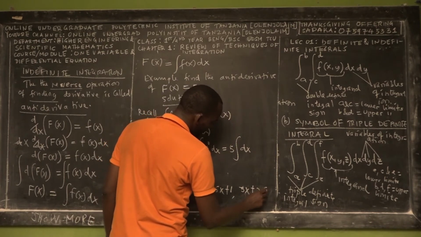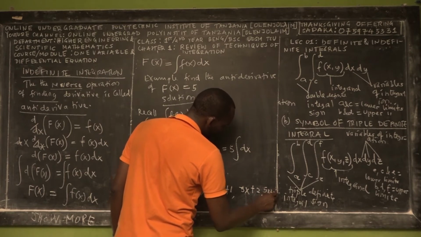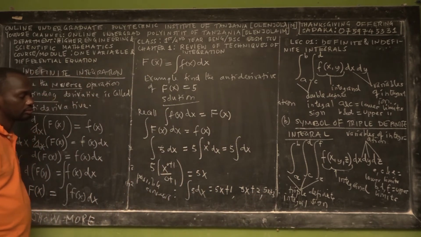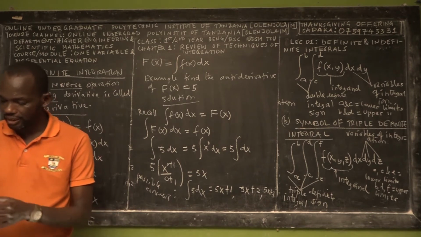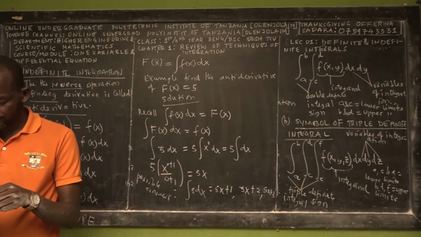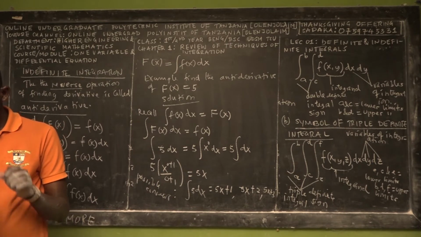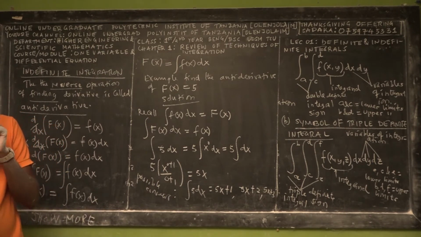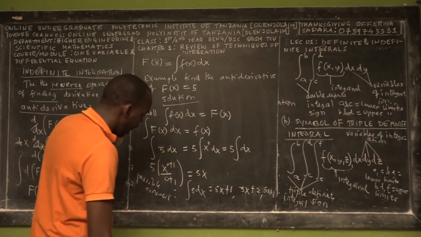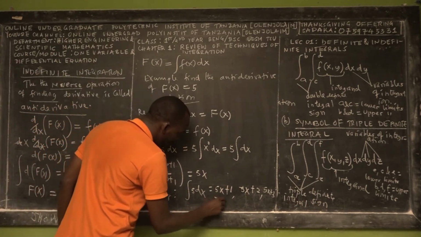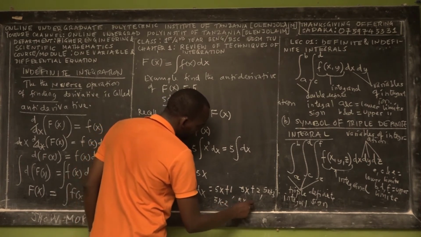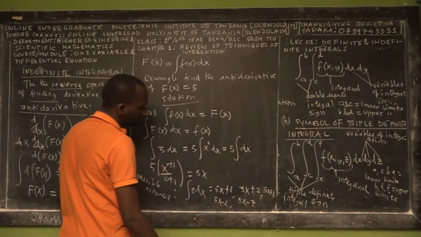Then we have 5x plus 3, etc. That's what we say in higher engineering mathematics. There are so many possible answers, also 5x plus 2, 5x minus 7, etc.